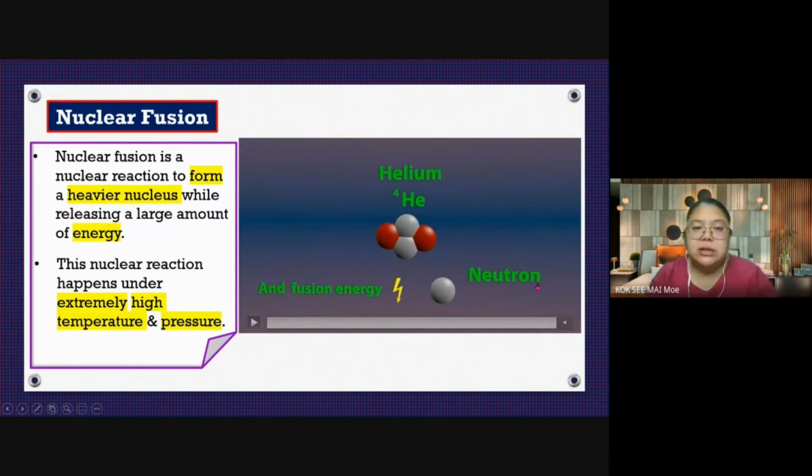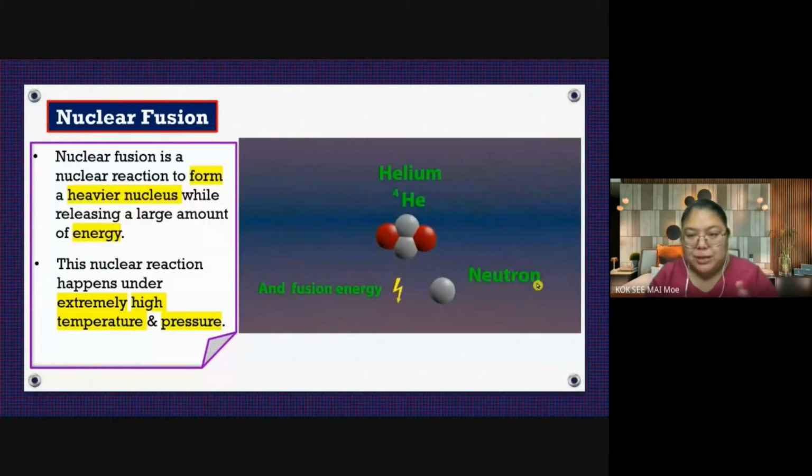So the difference between fission and fusion is that fission starts with a big size and then produces 2 lighter daughter nuclei. Fusion is different. I have two lighter nuclei, and I want to combine them to become a heavier nucleus. So this one is the difference.